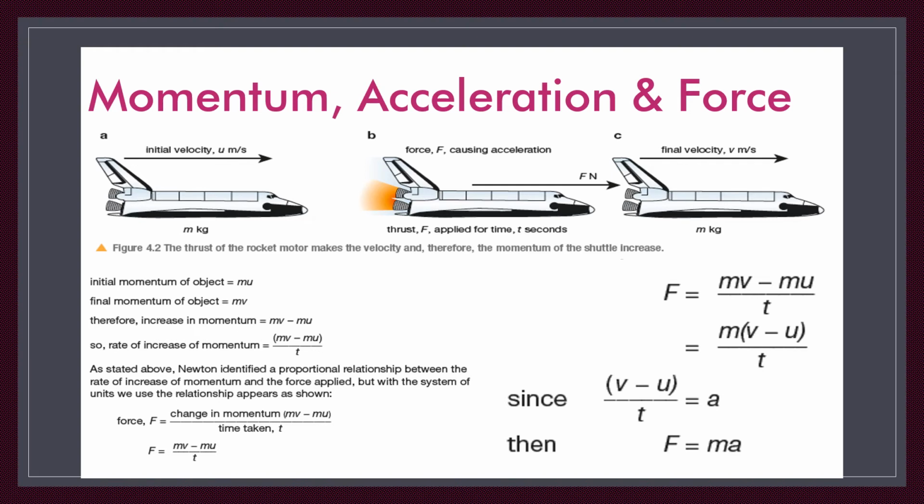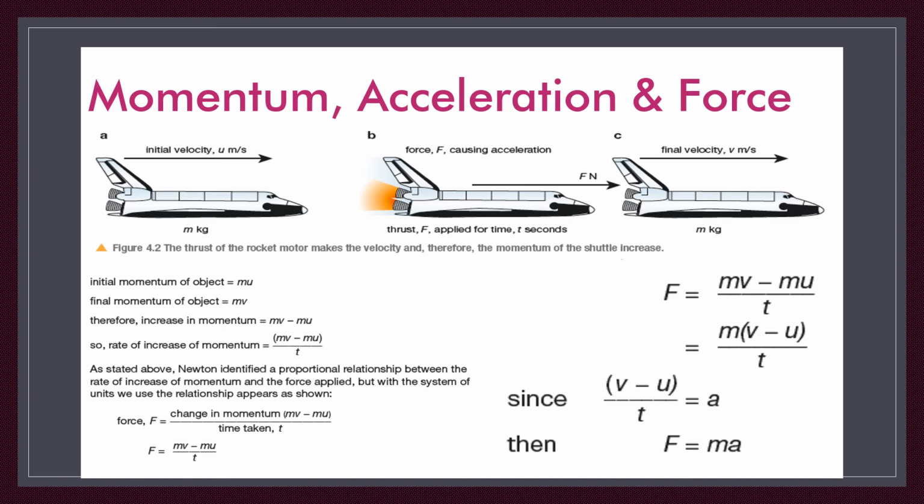So the initial momentum of the object can be taken as mu, and the final momentum of the object can be taken as mv. Therefore, the change in momentum can be taken by subtracting the initial momentum from the final momentum, which is mv minus mu.